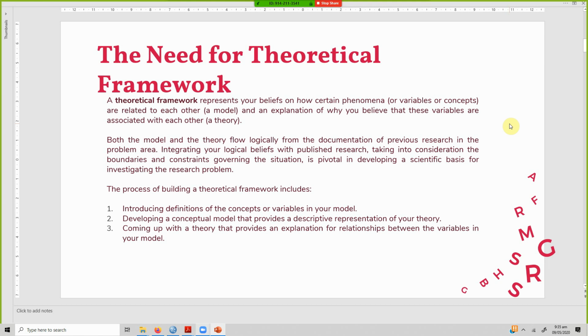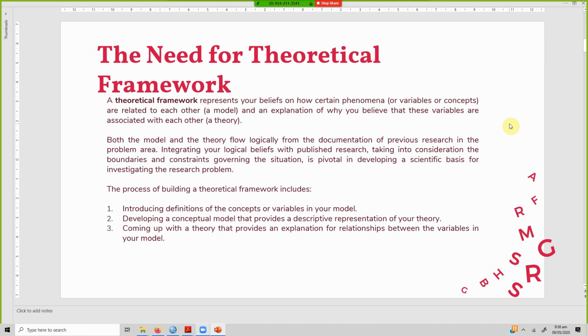So you have to complement your own beliefs with scientific evidence, with existing research, with existing theories, by using references from existing theories and existing literature. Now we'll look into different research papers and see how we do it. We'll look into the examples in due course of time while we are going through this concept of the need of theoretical framework.